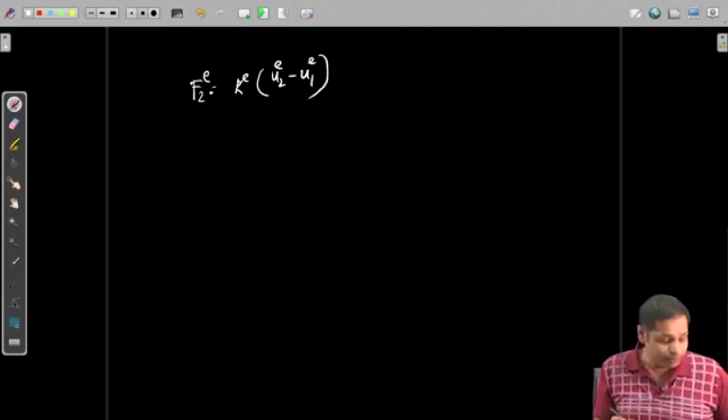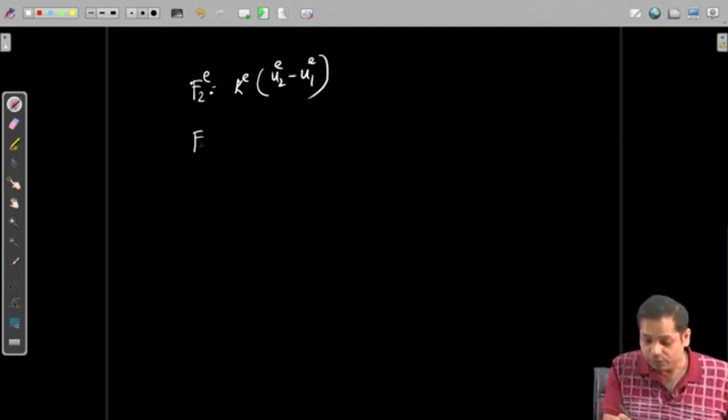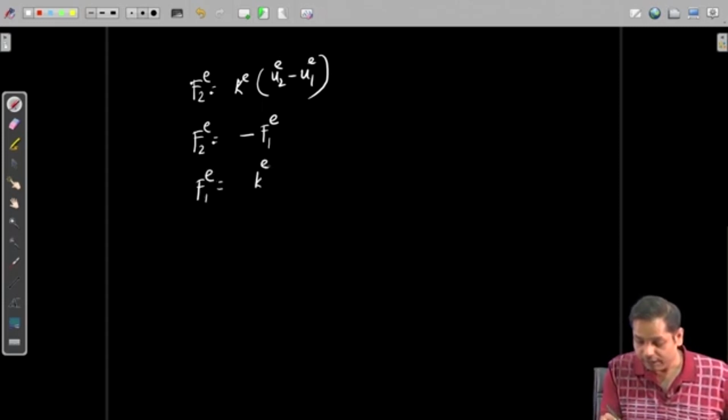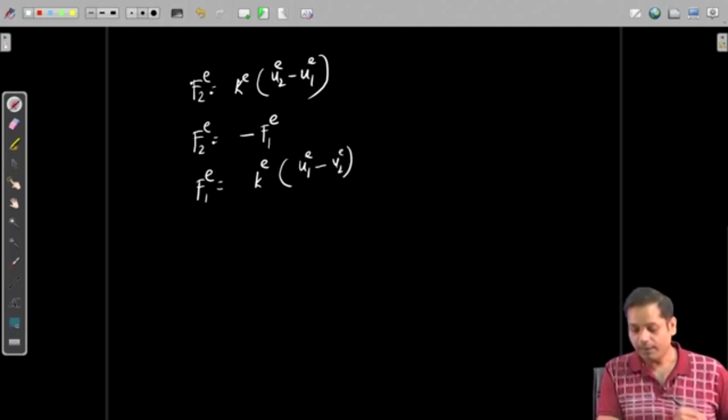Now from the equilibrium equation we know that F2E is equal to minus F1E. Therefore, F1E will be K E into U1E minus U2E.